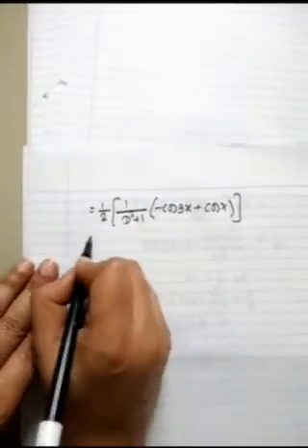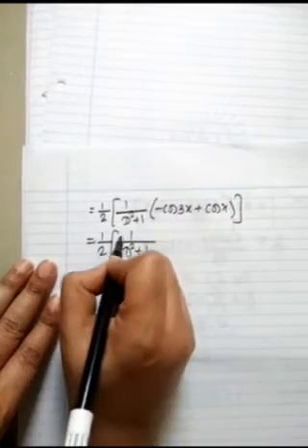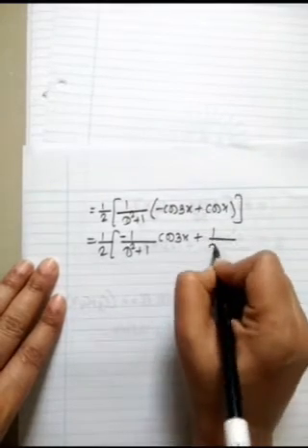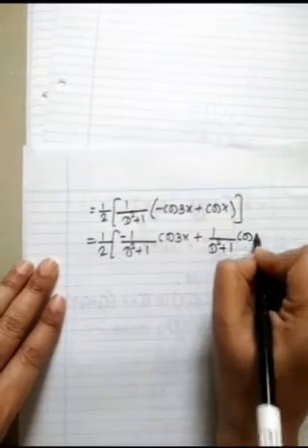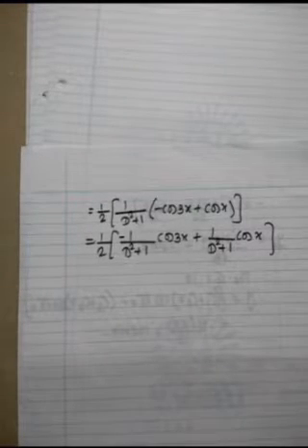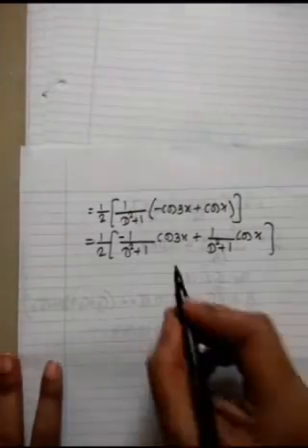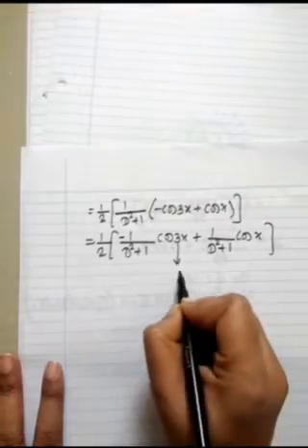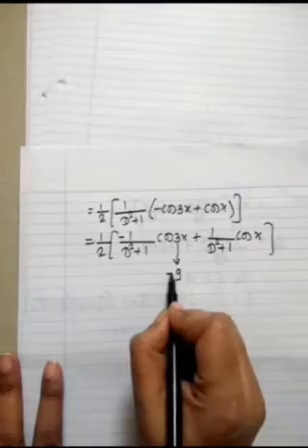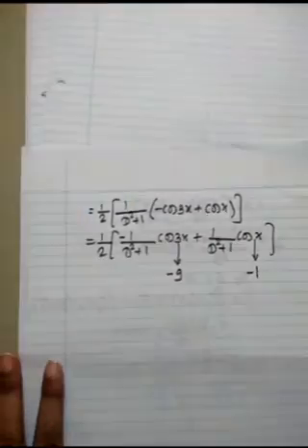Now separating 1 by 2 into 1 upon d square plus 1, that minus sign I'll give here, cos 3x, plus 1 upon d square plus 1 into cos x. Now it is cos, so whatever we did for sine, we'll do for cos. Find cos 3 square, give negative sign, that is minus 9. Here find 1 square is 1 and negative sign, minus 1.